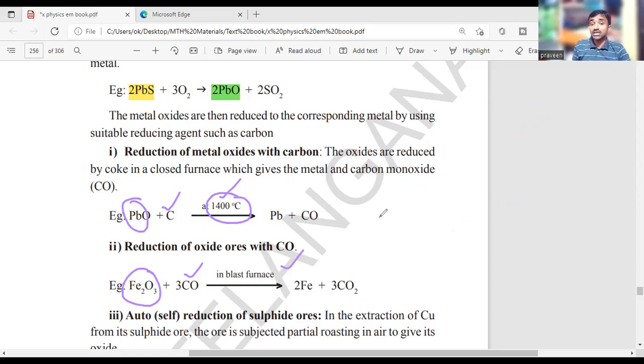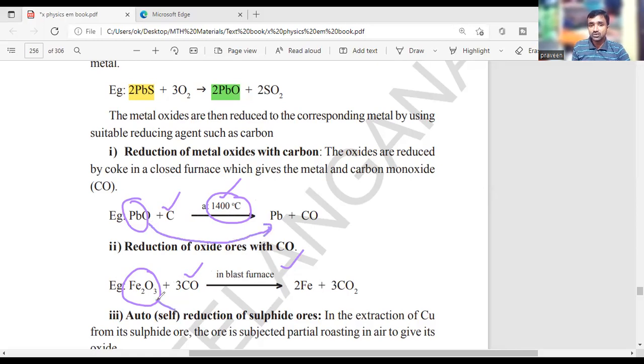So in a specially built device or tool, you are increasing the temperature up to high, more than 1000 is also possible. So you are increasing up to here, then the crude metal is reduced here.